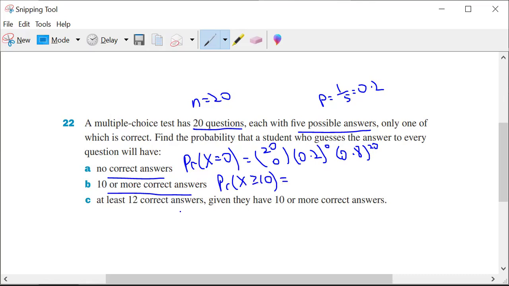And then for part C, it's at least 12 correct answers given they have 10 or more correct answers.